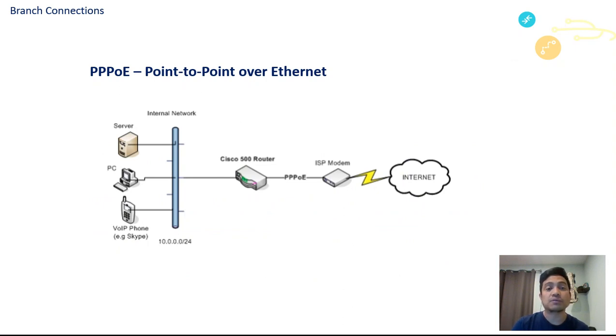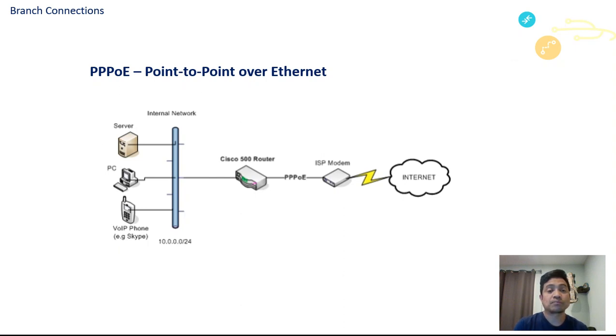So PPPoE, point-to-point over Ethernet. This is the diagram. This is the way PPP over Ethernet works. You will find there is a modem, there is the router, and Ethernet.